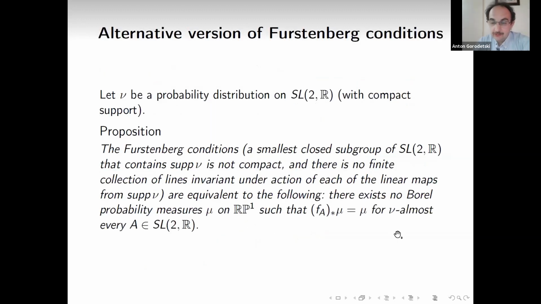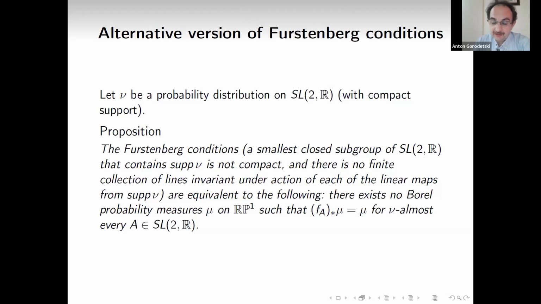I would like to remark that it's possible to reformulate those Furstenberg conditions. Sometimes people attach some special names to them, like strong irreducibility or contractibility. Anyway, for us it will be especially convenient, since later we want to modify this condition to another case, to reformulate this condition in the following way.